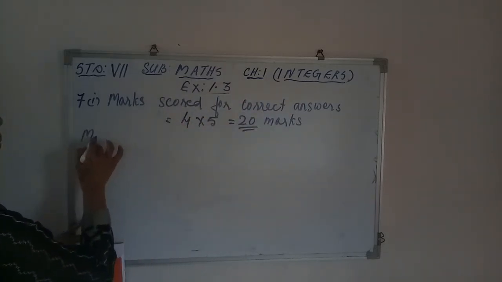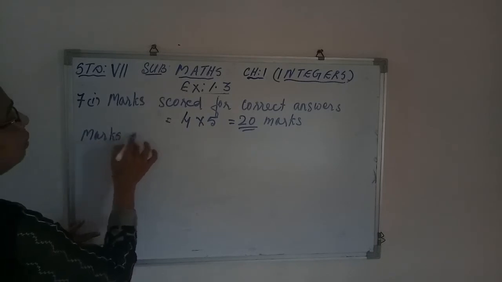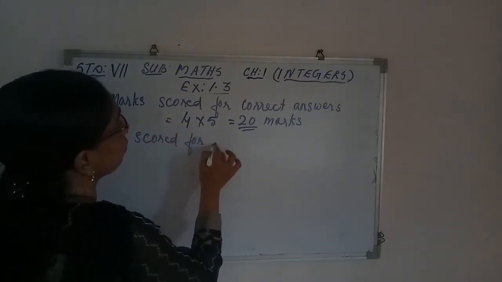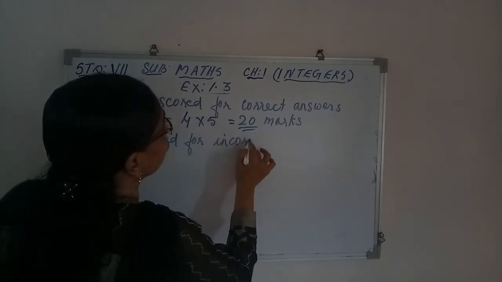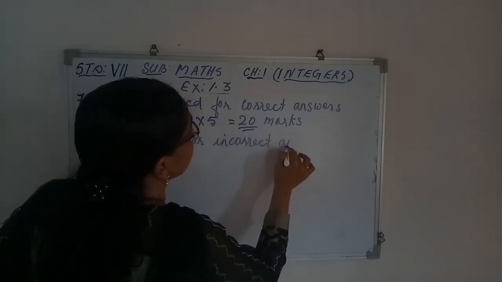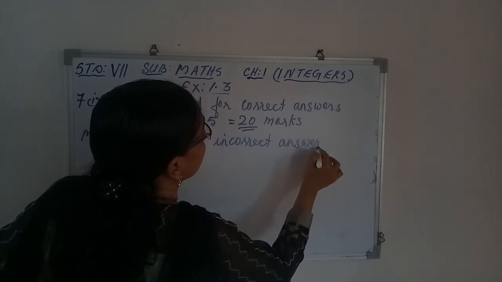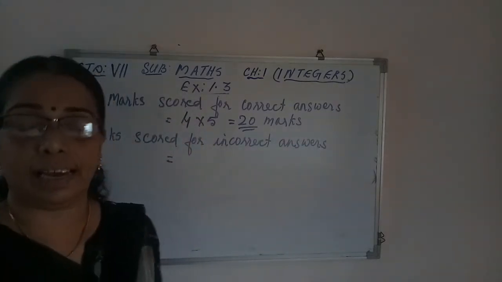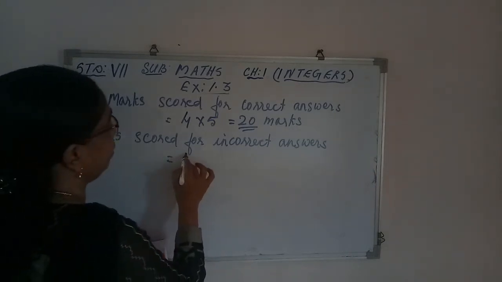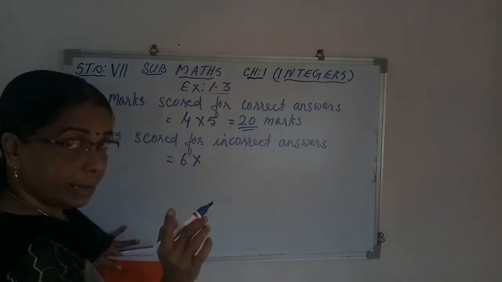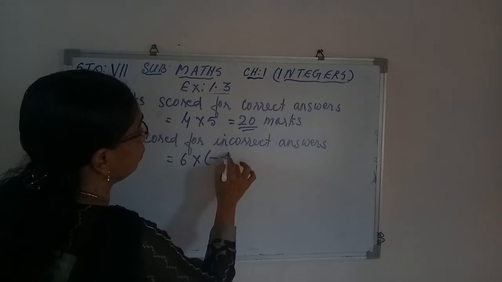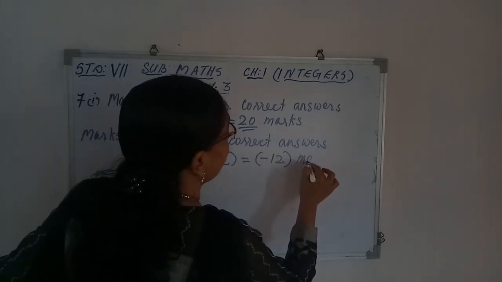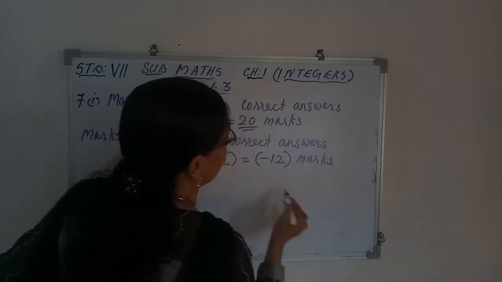Then next, marks scored for incorrect answers. We can see how many incorrect answers given? 6 incorrect answers. So we can write 6 multiplied by each incorrect answer minus 2 marks. So the total marks of Mohan for incorrect answer, minus 12 marks.